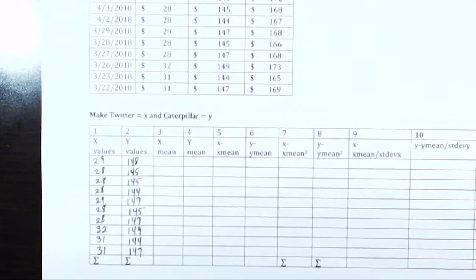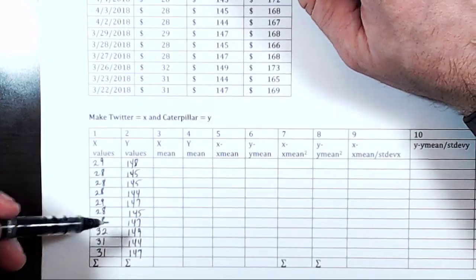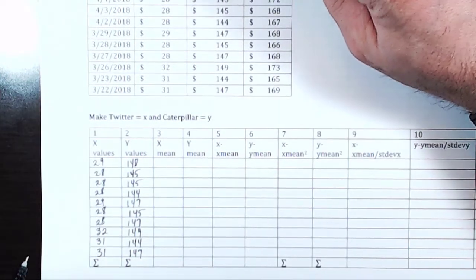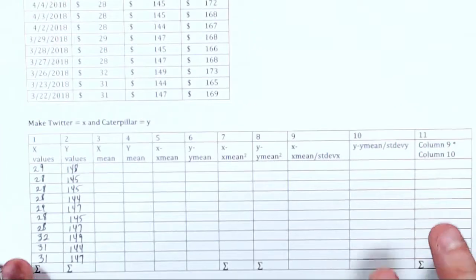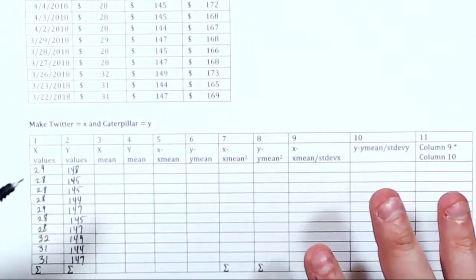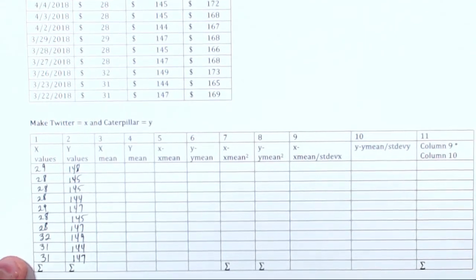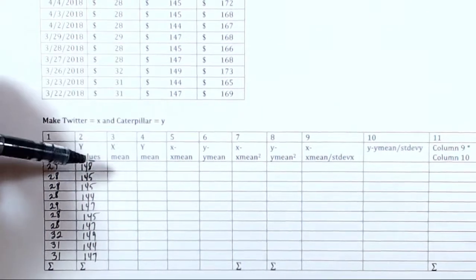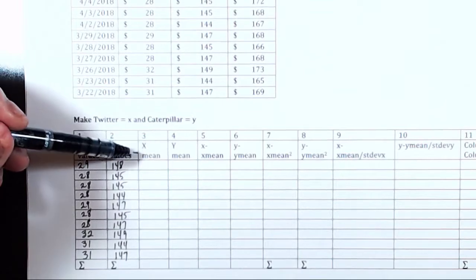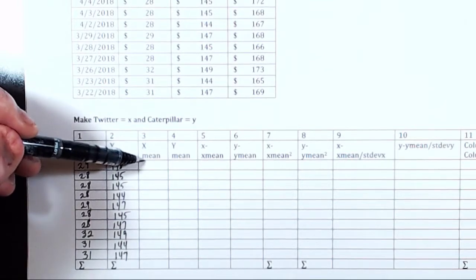That's all I did, I just wrote the values down. Now there are only 11 columns on this table, so you're a good ways done, 18% or so. Now the next thing we're asked to find is the X mean.